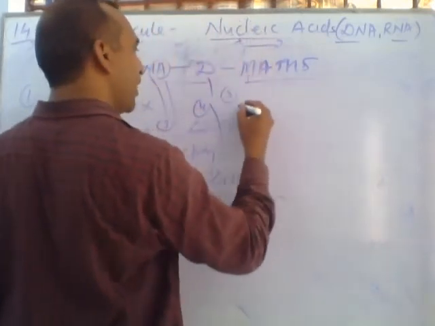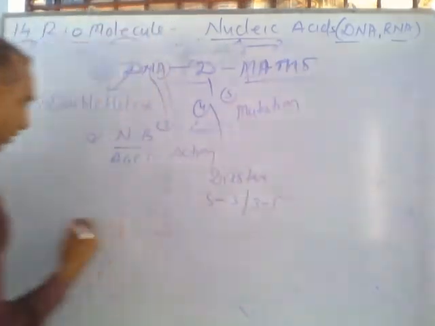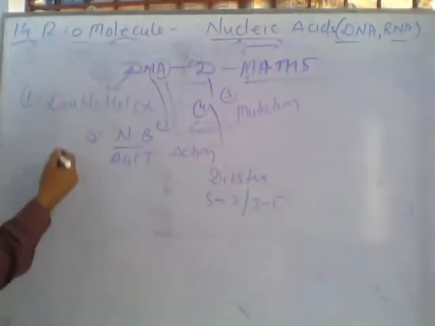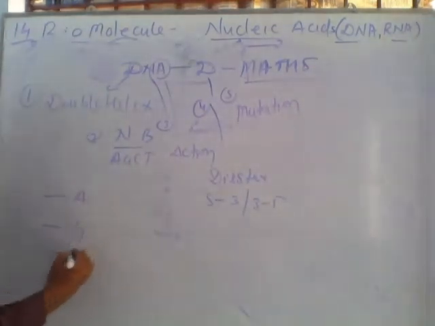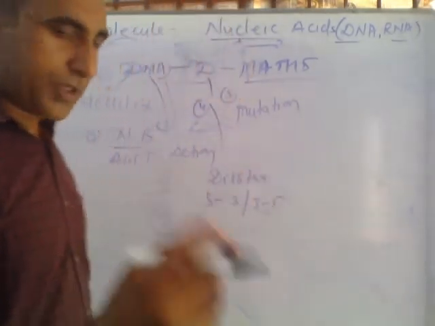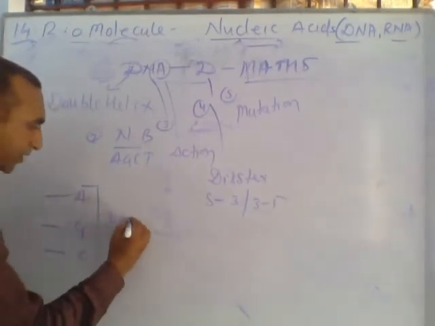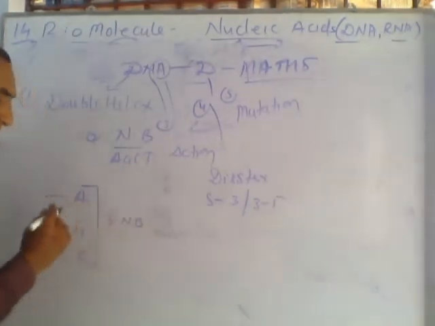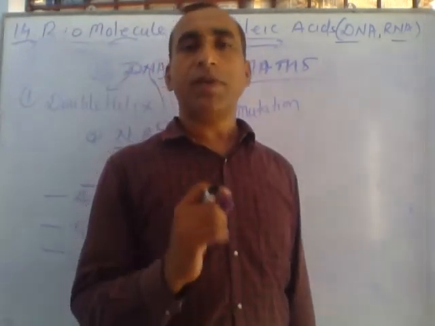This fifth M. M means mutation. Listen. In DNA, we have observed that adenine, guanine, cytosine, these are nitrogen bases, and the set of 3 nitrogen bases is fixed and very specific for every human being.